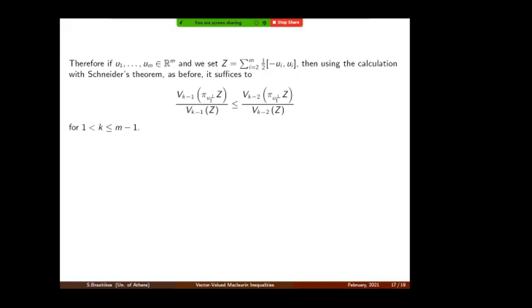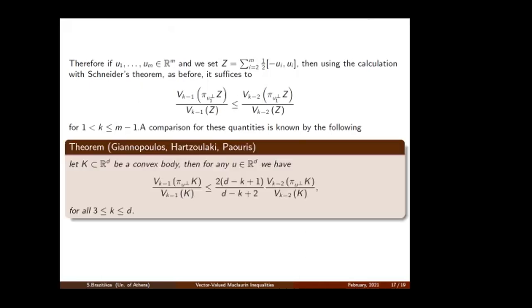And a comparison of these quantities is known by a theorem from 2000 of Giannopoulos, Hartzoulaki, and Paouris, which compares these quantities, but there were some disadvantages here, of course.